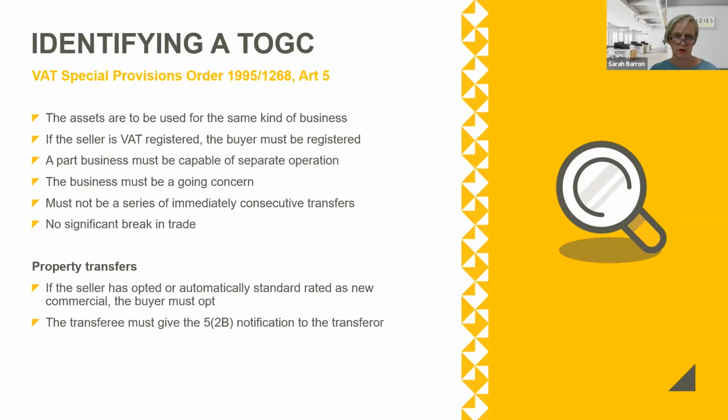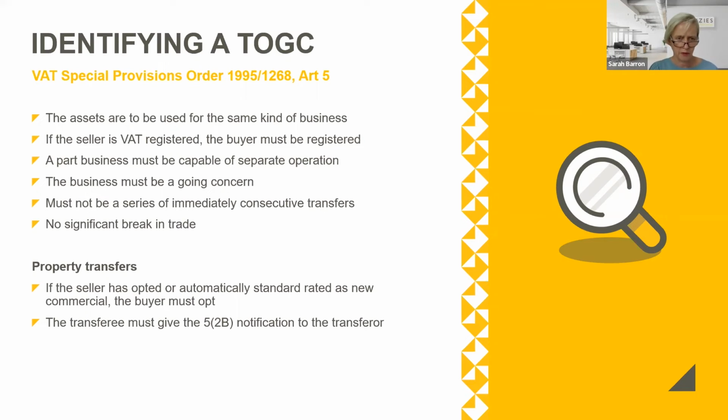We need to make sure that if the seller's VAT registered, we don't want this business dropping off the VAT registration, so the buyer must also be registered. And it must be reasonably capable of continuing in business. And we don't want this thing being just passed along through lots of different hands. So there mustn't be lots of different transactions. It's just one transfer from one person to the next.